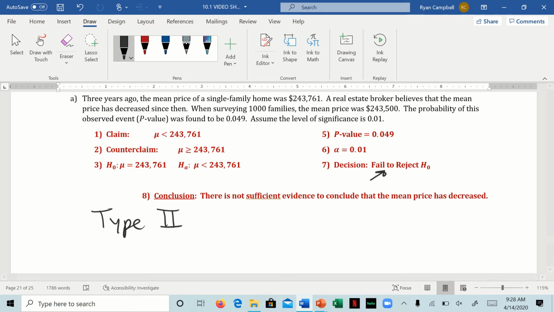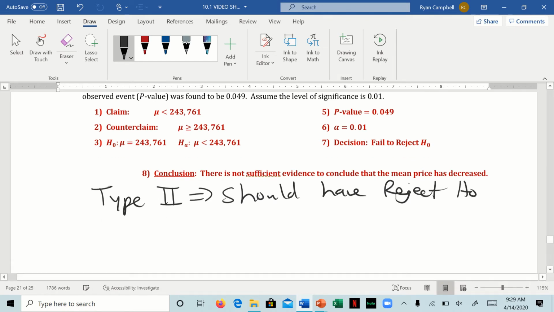So if we did make an actual error, how could we have fixed it? If we made a type 2 error, if we failed to reject, then we should have rejected H naught. We should have rejected it.